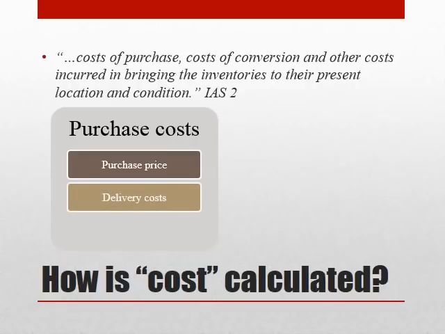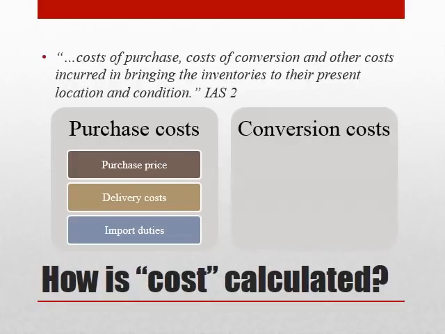We'll also add on the delivery costs, the costs that we incur in getting those raw materials or goods for resale to the store or the warehouse or wherever that inventory is held. And we'll also include any additional costs that we can't reclaim, such as import duties that we might have incurred getting the goods into the country.